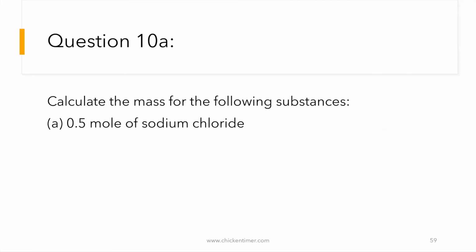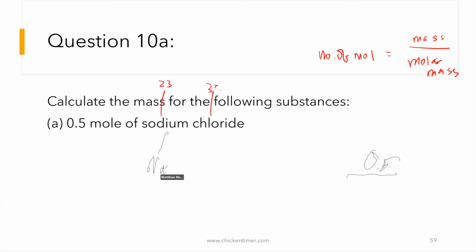Okay. So for question 10, we apply number of moles equals mass over molar mass again, which also means that we need a periodic table. When we see such a question, the first thing to do is make it convenient for yourself: just identify the elements and write down the atomic mass. So sodium is 23 and chlorine is 35.5.